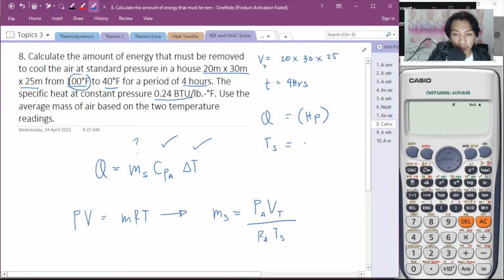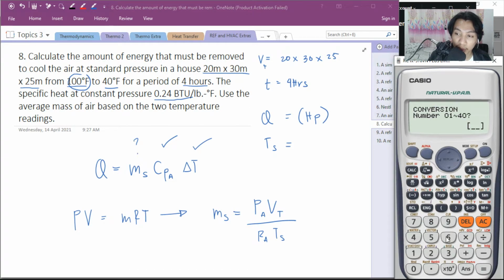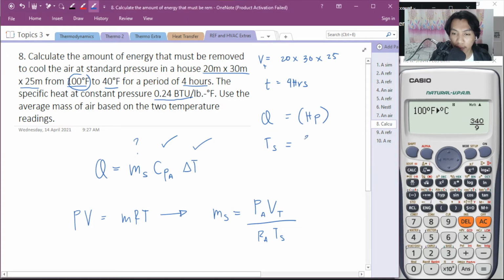Okay? So, 100 degrees Fahrenheit, i-convert na natin yan dito sa ating calculator. That is shift, convert to 37. Okay? Convert natin to degrees Celsius kasi lahat naman siya naka-SI. Okay? Alam din naman natin yung CP ng air kapag SI. So, this is, as is, pwede na to, 340.